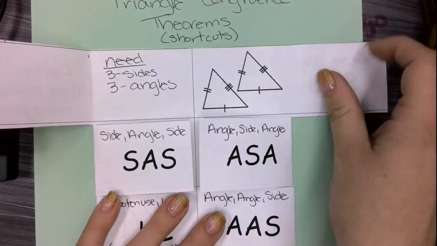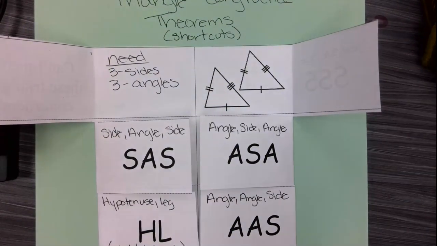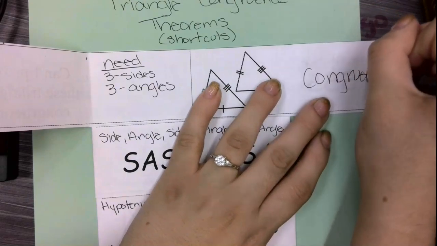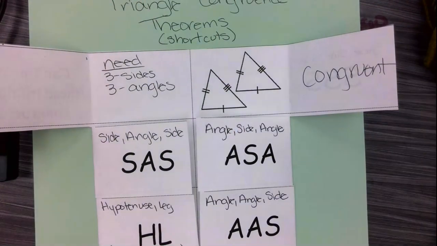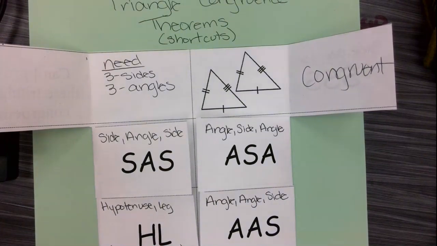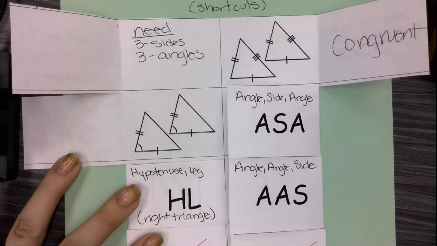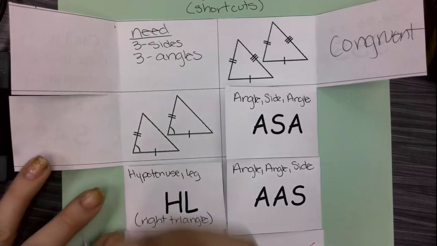So if I look on side, side, side, this one will be congruent. Okay? If I look side, angle, side, are these two congruent? Yes.